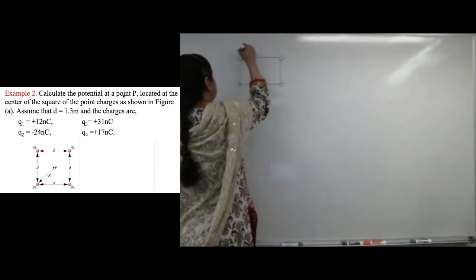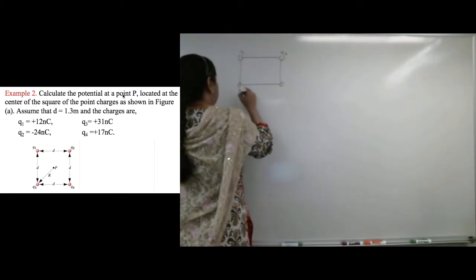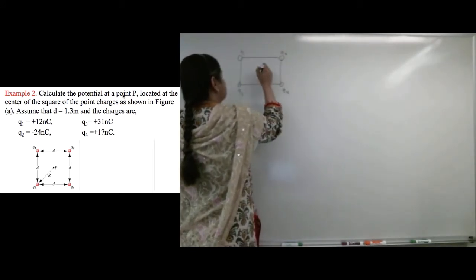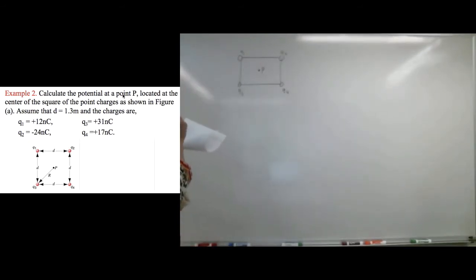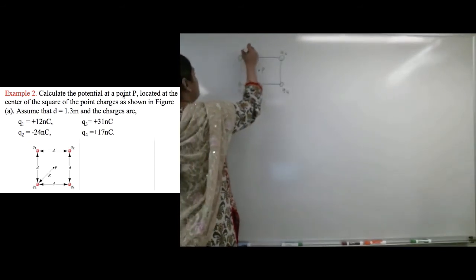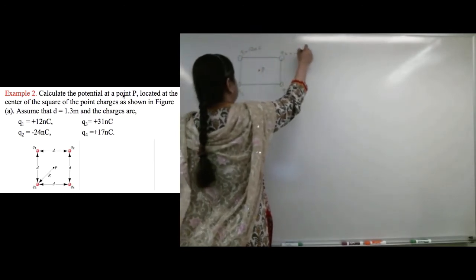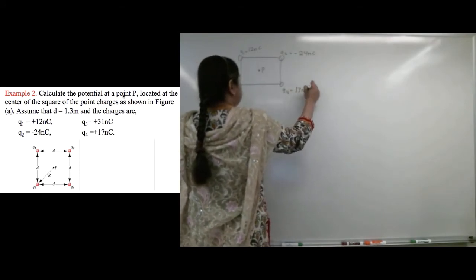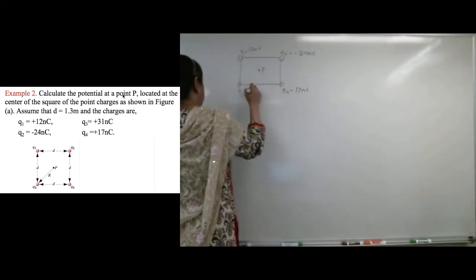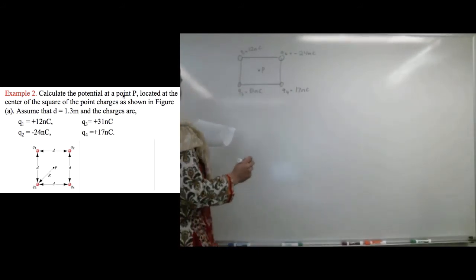So this is Q1, Q2, Q3, and Q4, and it's saying find the potential at this point. It gives me Q1 equals 12 nanocoulombs, Q2 equals minus 24 nanocoulombs, Q4 equals 17 nanocoulombs, and Q3 equals 31 nanocoulombs. And I have to find the potential at point P.